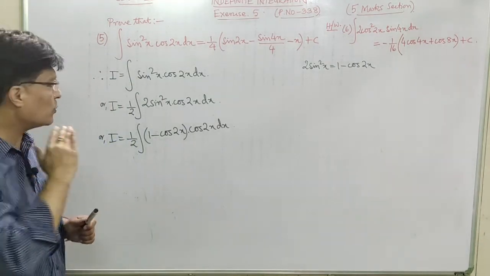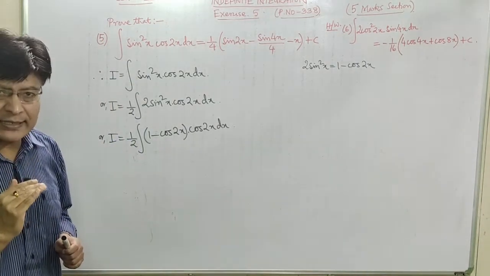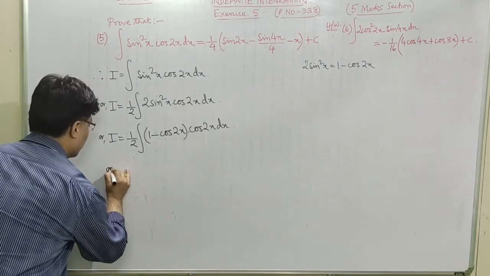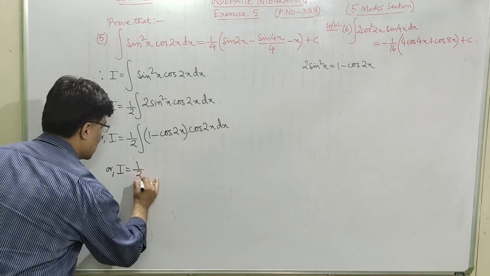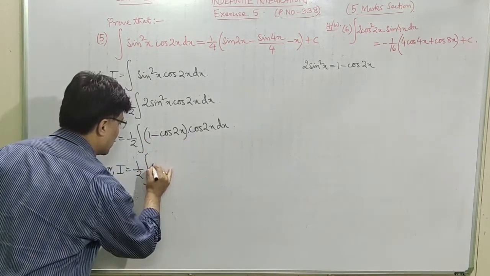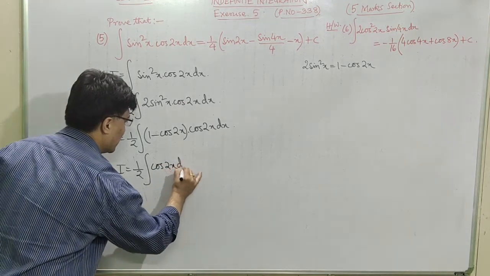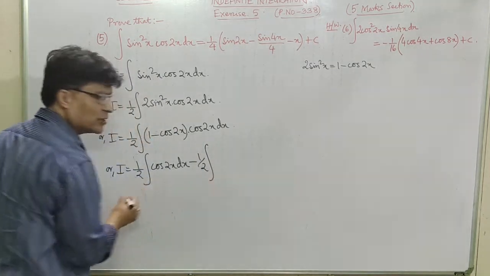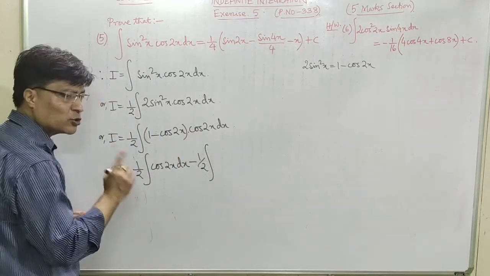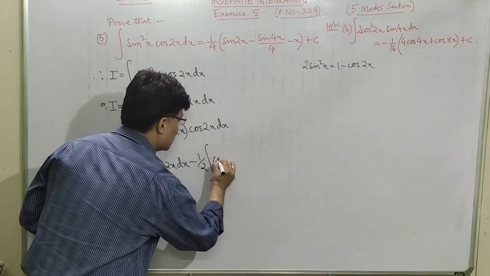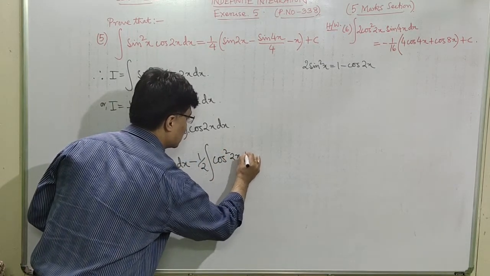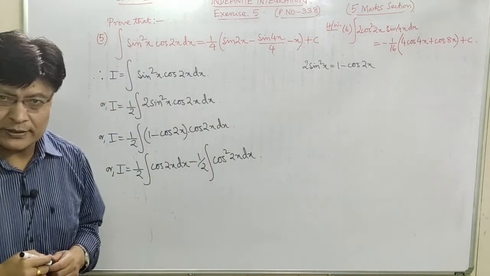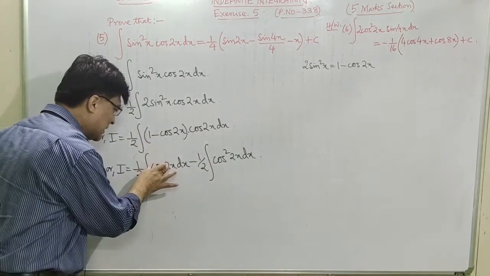In the next step, we have to multiply them, or separate the terms. I is equal to half integration of 1 into cos 2x dx, that is cos 2x dx, minus half integration of, let us multiply them, cos 2x into cos 2x, this is cos²2x dx. Understood?